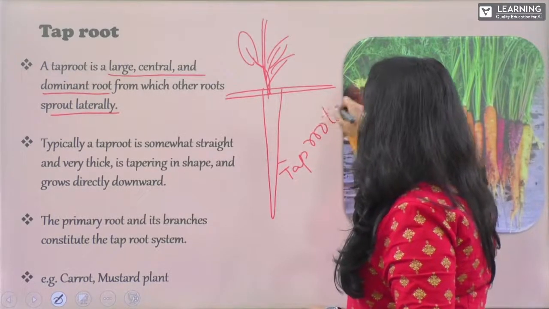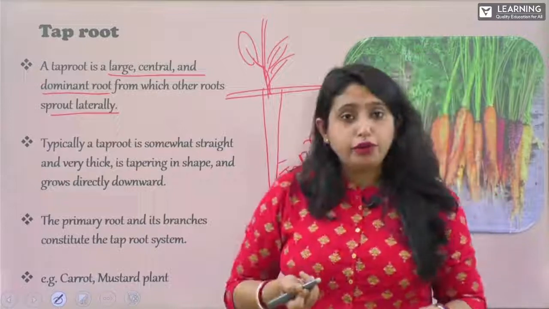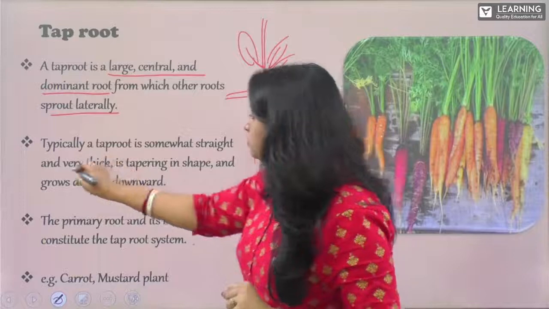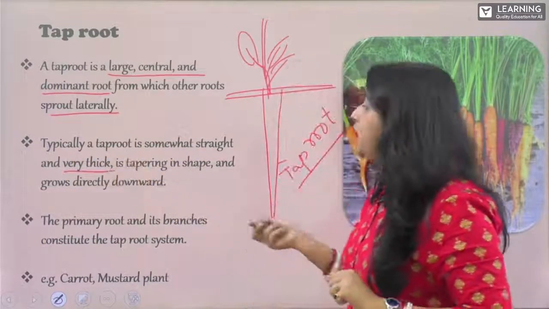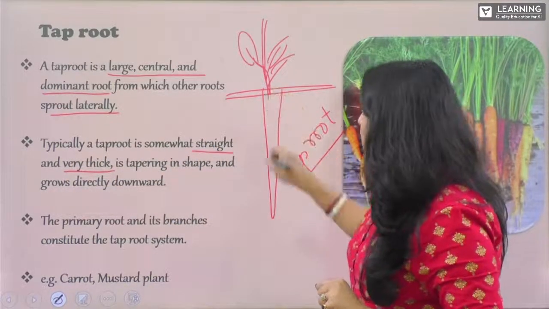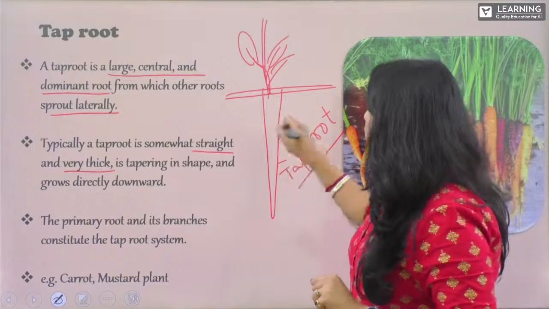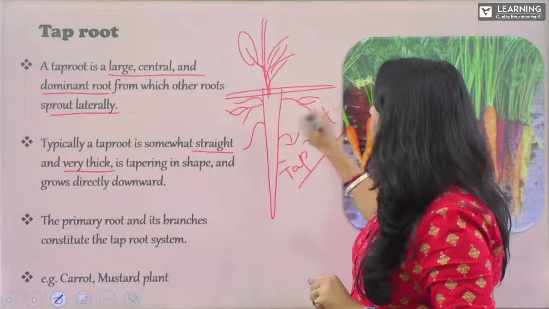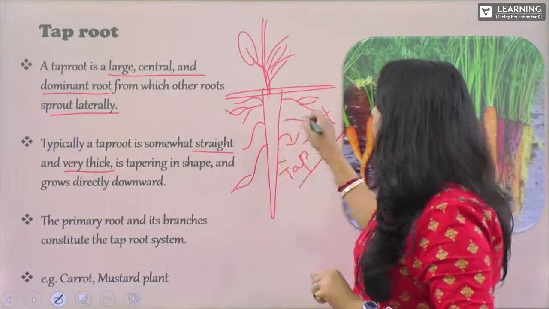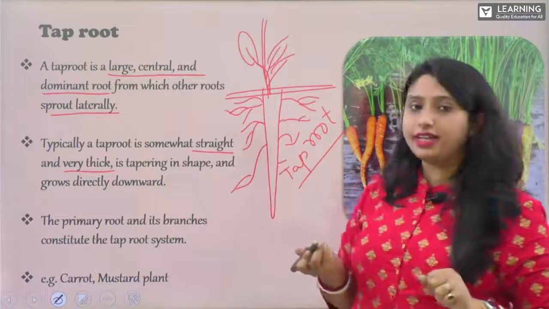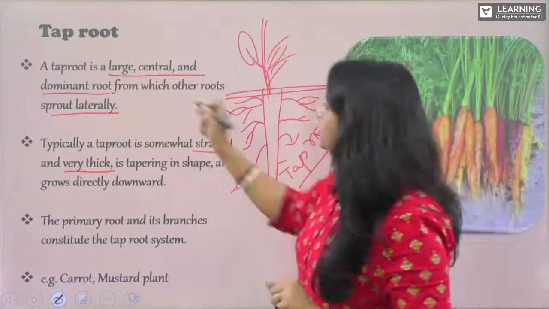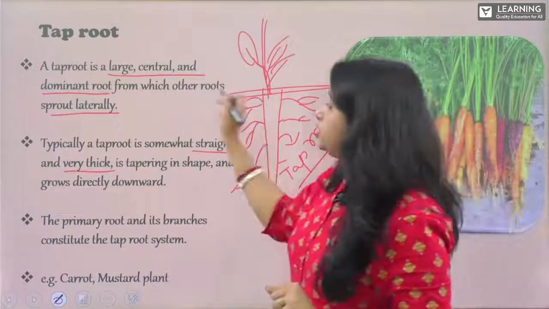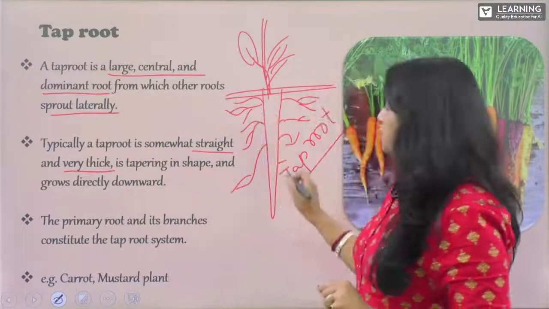The taproot is the primary root and the taproot will be thick, okay? It will be very thick, and it is somewhat straight. So see, this root is straight, right? From here, other roots will come out. These roots are known as your secondary roots, right? Secondary and tertiary roots. So this is the large, central and dominant root from which the other roots come out.